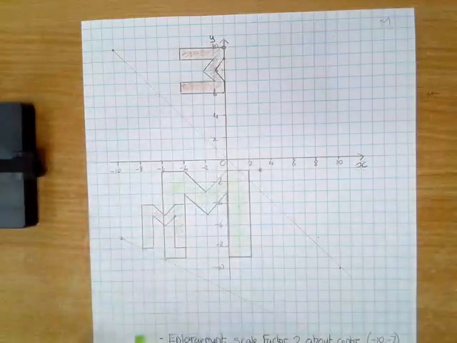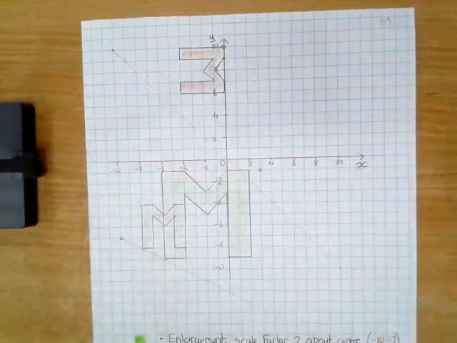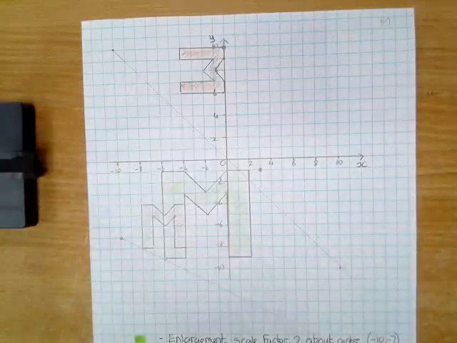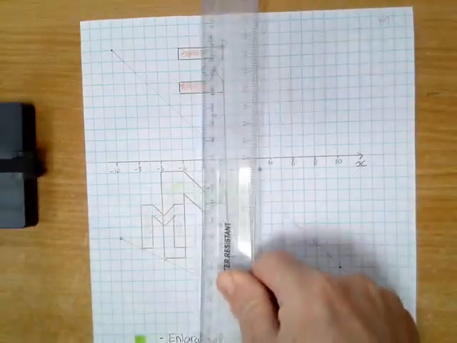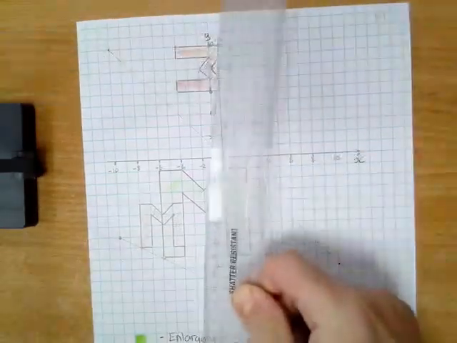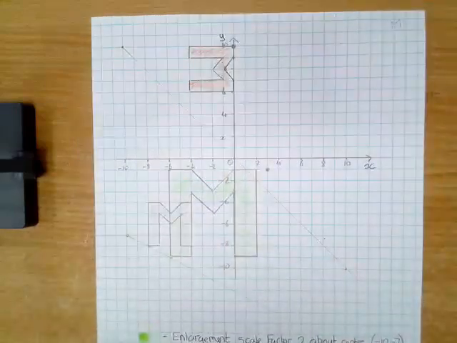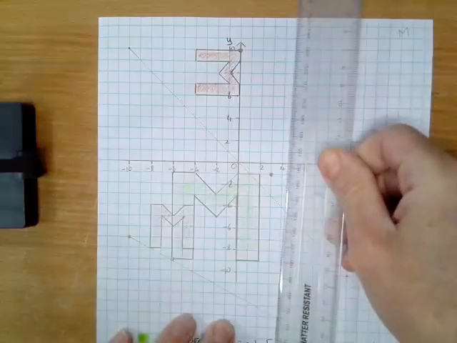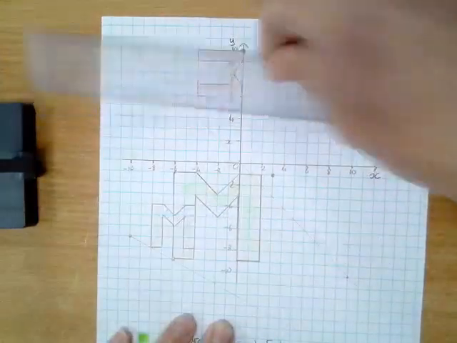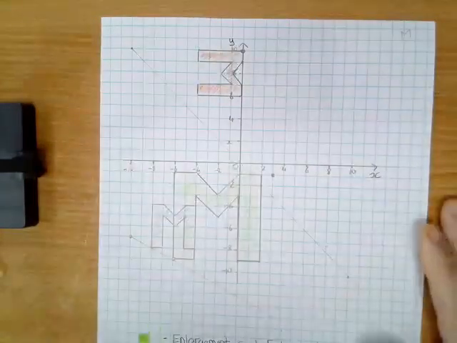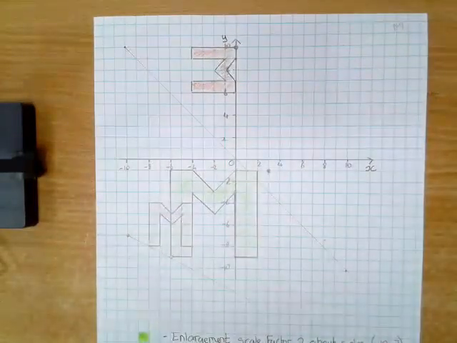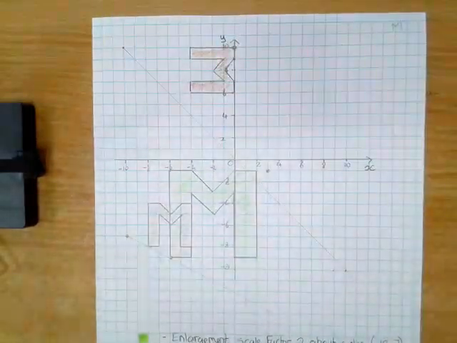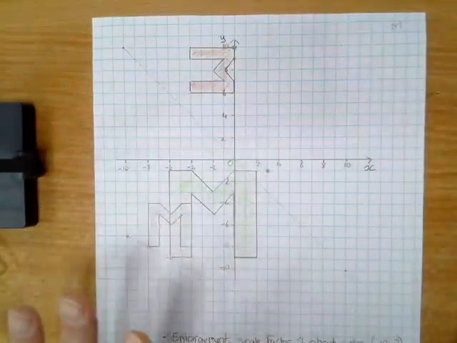I'm back. Just to let you say, if you're not comfortable with these diagonal reflections yet, then by all means do a horizontal or a vertical one, and that will be fine. Okay, you can draw your line down like that or across like that and do it reflected that way. But I'm going for a diagonal because I want to go all out with this. So anyway, there's the line there. It does have a name, but I'll come back to that in a minute.